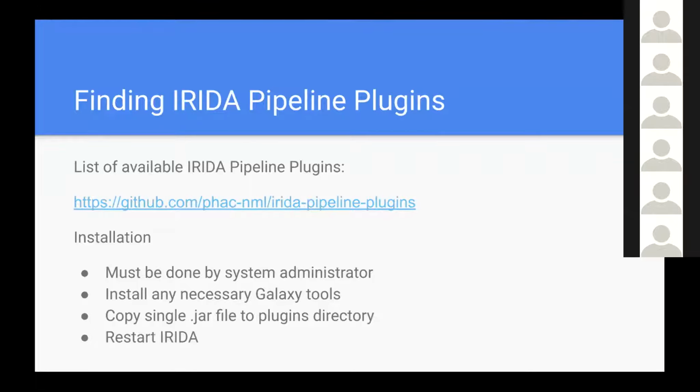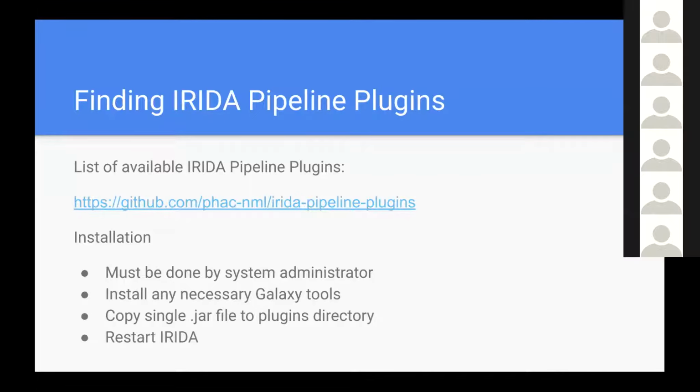There may be other Irida pipeline plugins out there. This is a very federated system where independent parties are able to stand up their own Irida instances and develop their own Irida pipeline plugins. And people can and are doing that, completely independently of the NML.